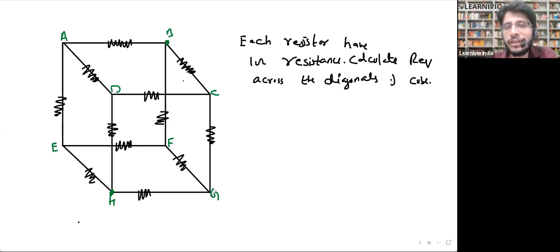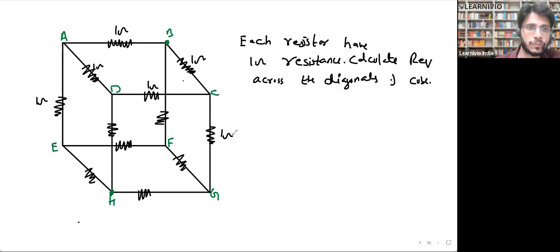See, you can't even think of solving this circuit using series and parallel combination. You will not get any resistor in series or in parallel. Each resistor is 1 ohm. So let's just connect this to a cell.